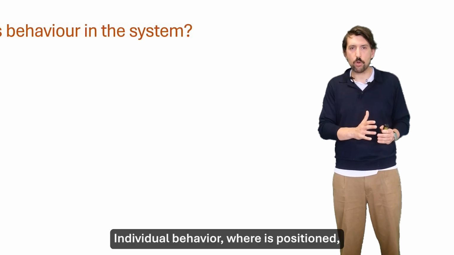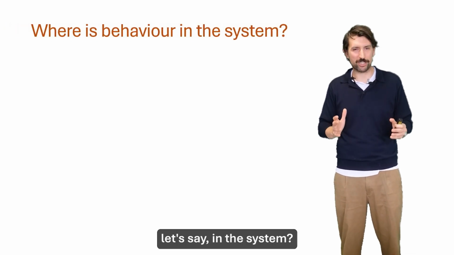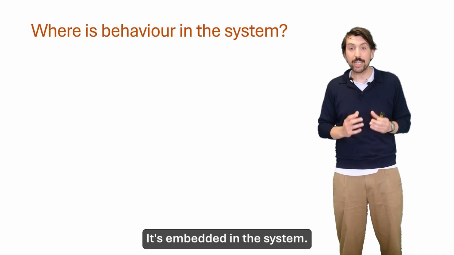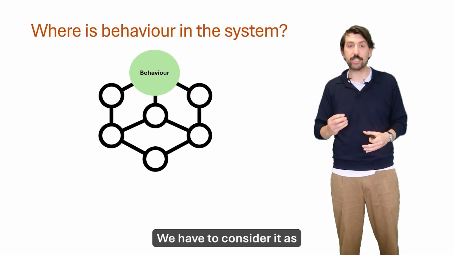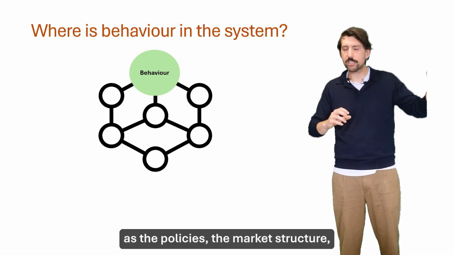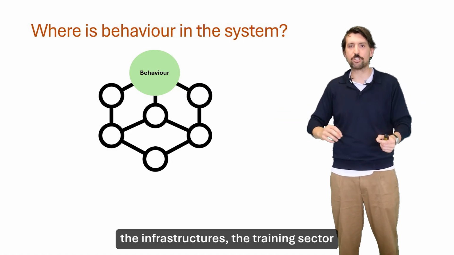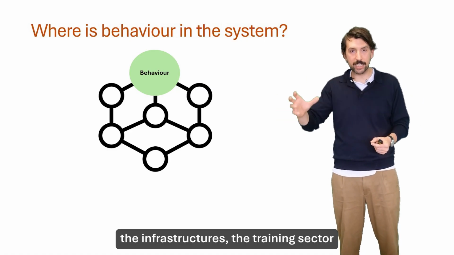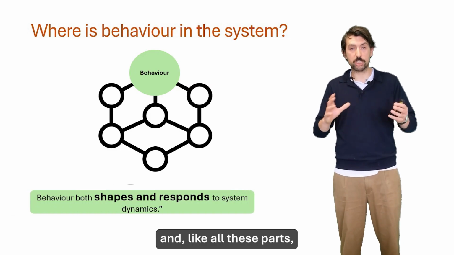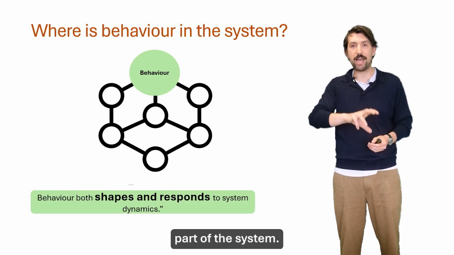Individual behavior is embedded in the system. We have to consider it as part of the system, like the policies, the market structure, the infrastructures, the training sector, and all this part. The individual behavior is part of the system.